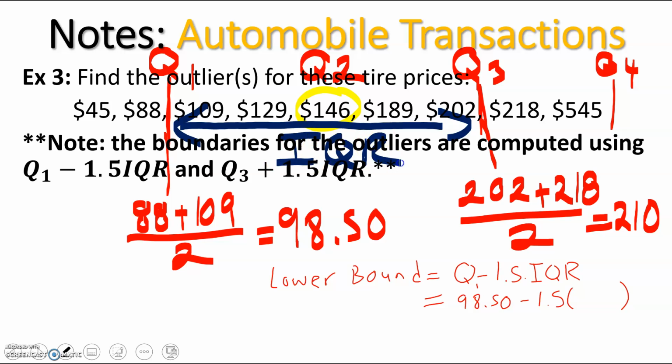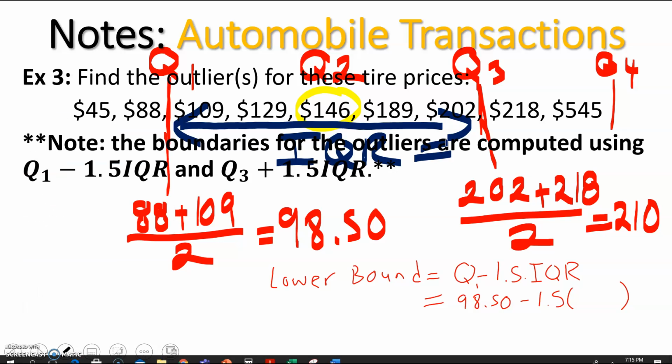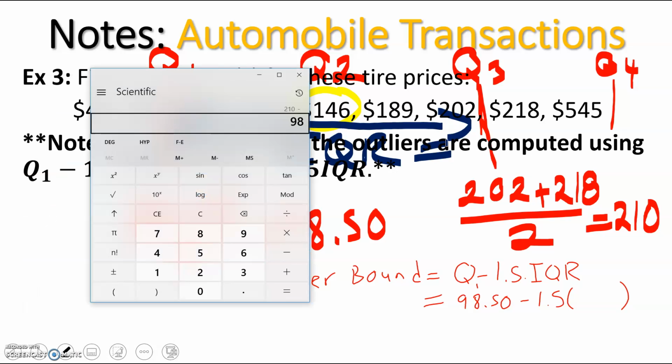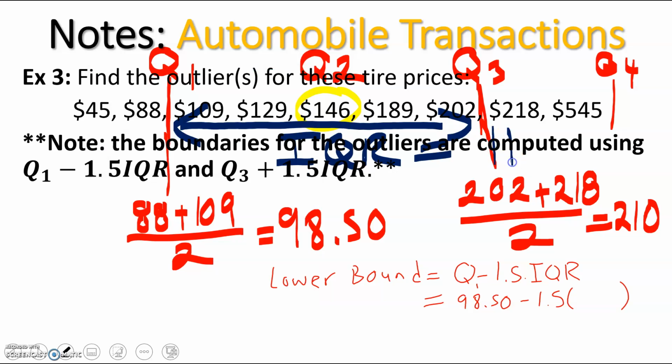So there's our IQR. Our IQR is the difference between 210 and 98.50. So that's 111.50. So when we plug in 111.50, we get this formula.